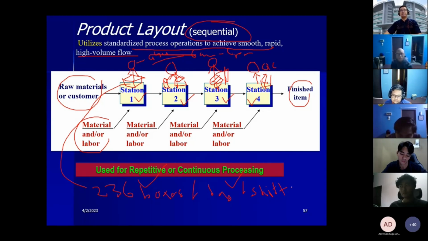Can you imagine how many weeks, how many months? We can calculate the times per day, per 7 days in a week, or per 30 days in a month. So this is repetitive or continuous movement.